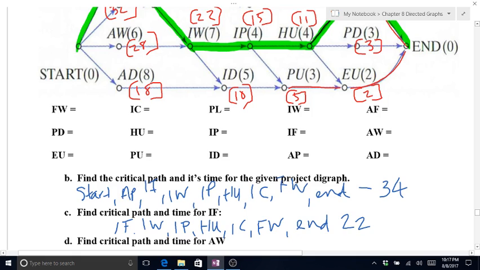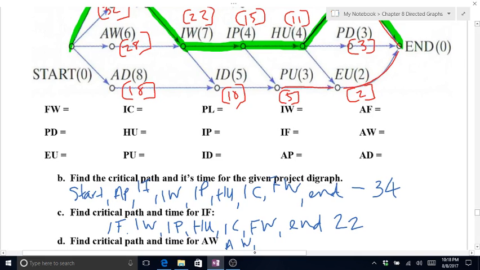And critical path and time for AW. So that's AW to IW to IP to HU to IC to FW to the end, and that was 28.